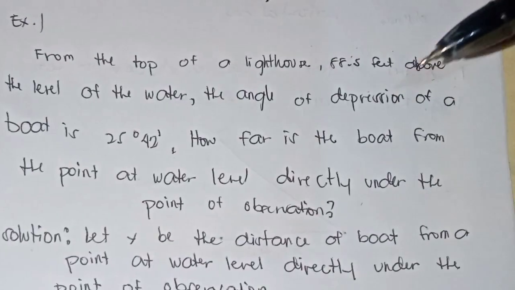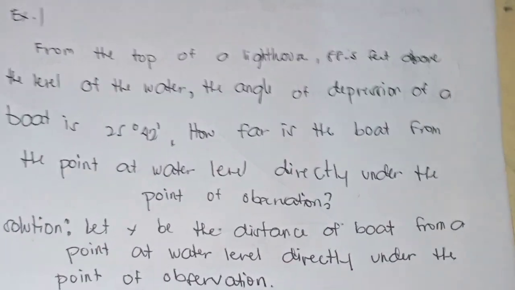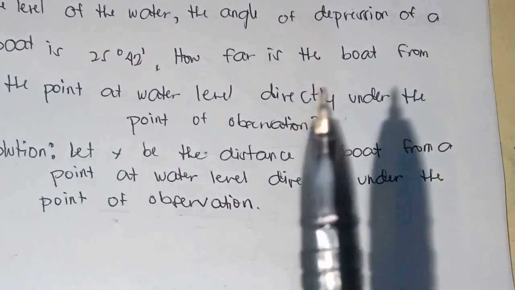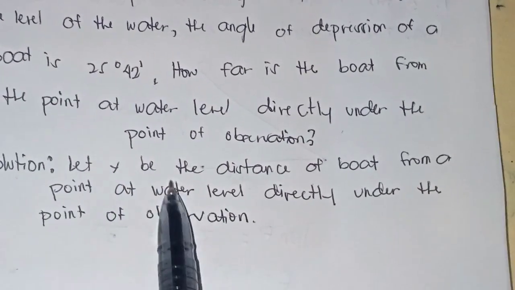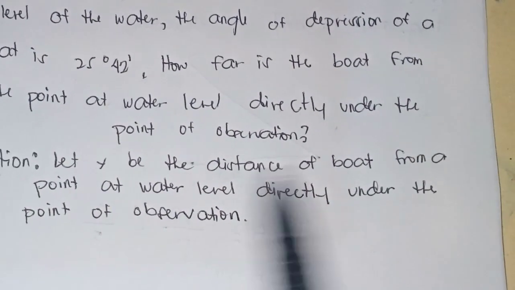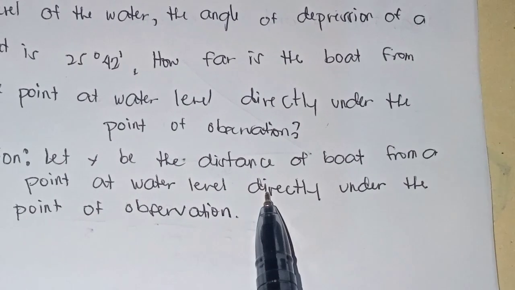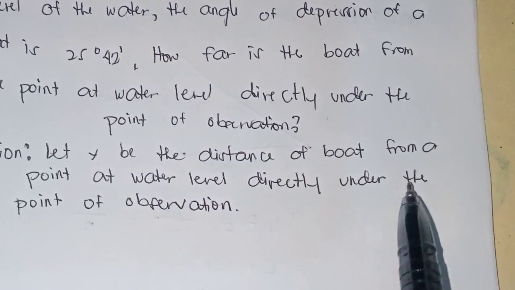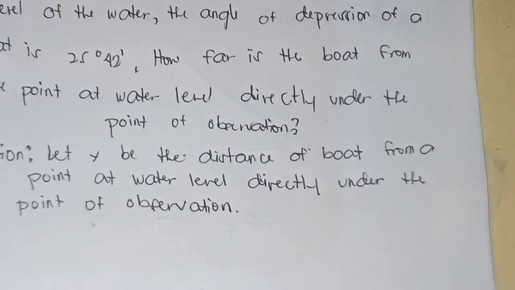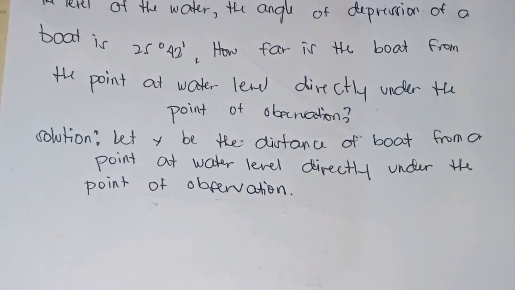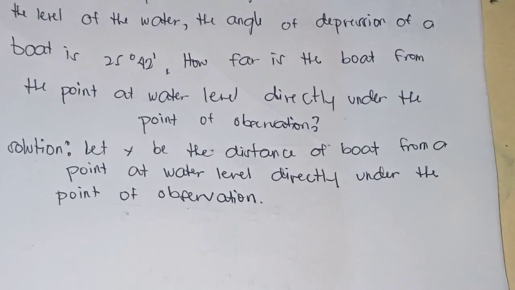To find the solution, we let x be the distance of the boat from the point at water level directly under the point of observation. For you to understand, I will give you an illustration.